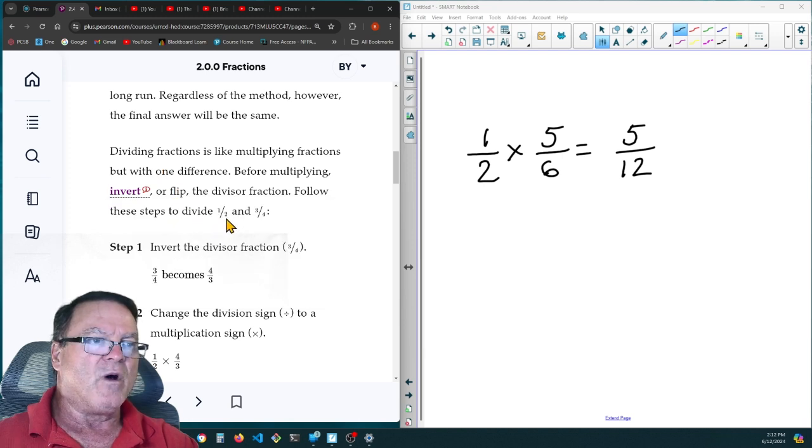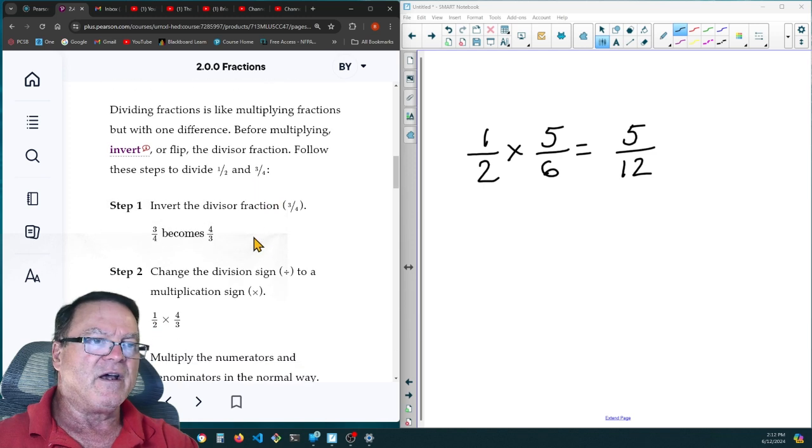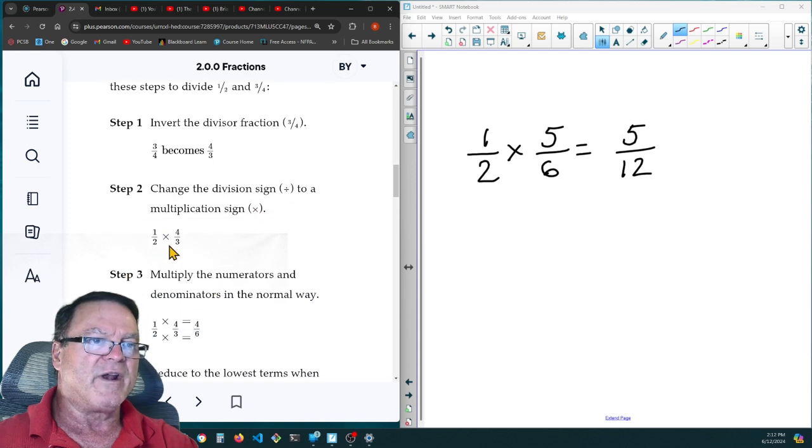So if you're dividing 1/2 and 3/4, invert the divisor fraction. 3/4 becomes 4/3. Change the division sign to multiplication. So now you end up with 1/2 times 4/3. And 1 times 4 is 4, and 2 times 3 is 6.